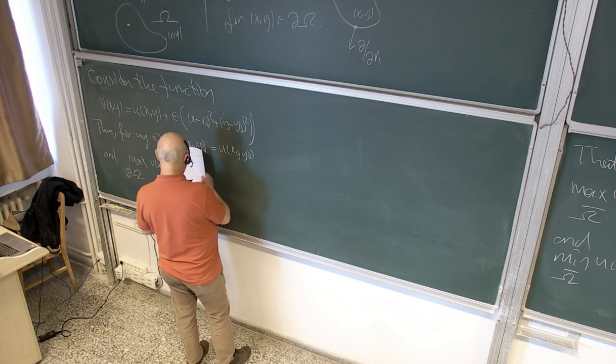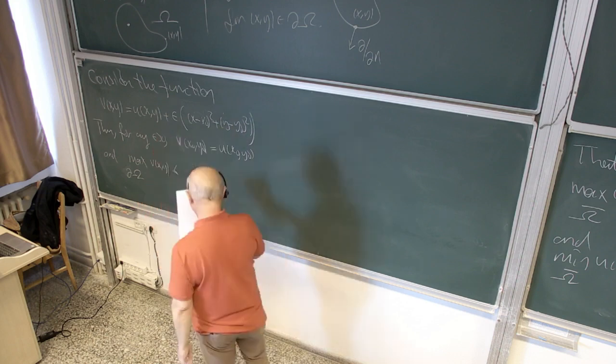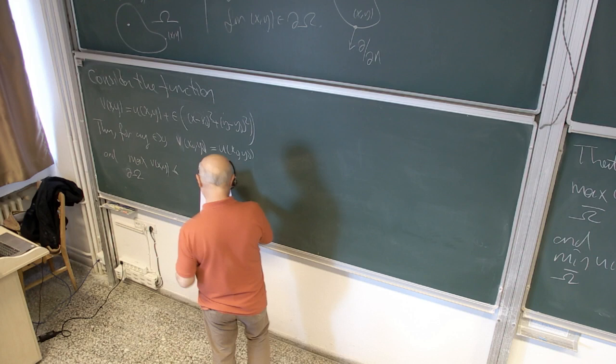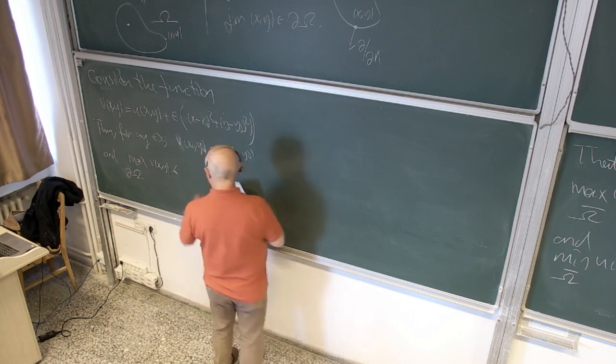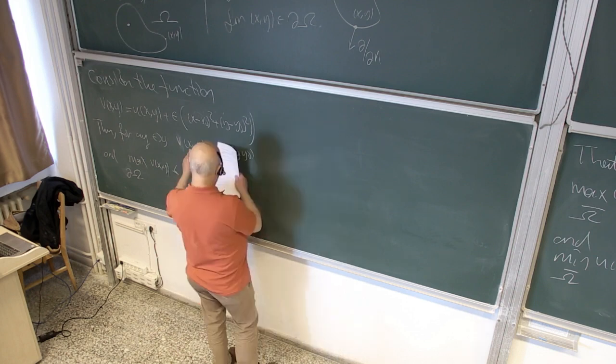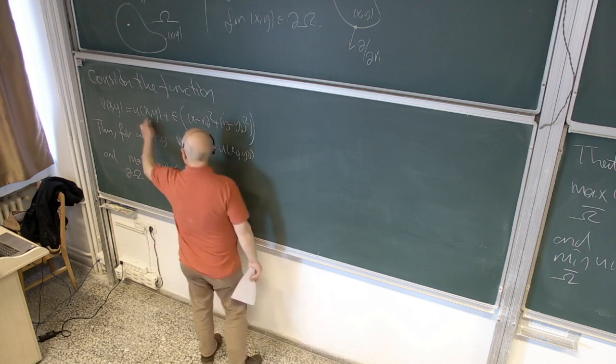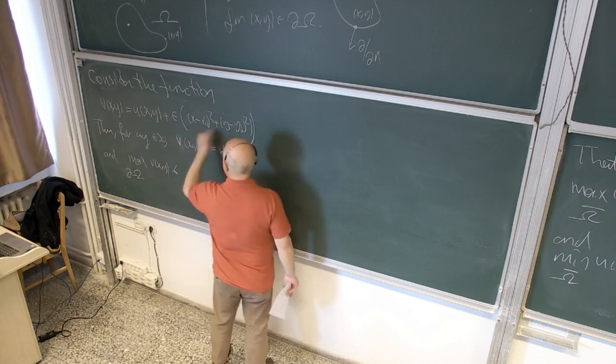nedir? Şundan küçük olacak. Bunun maksimum değeri boundary'de, pardon, u'nun, bu fonksiyonun boundary'deki maksimumuna bakacağım.